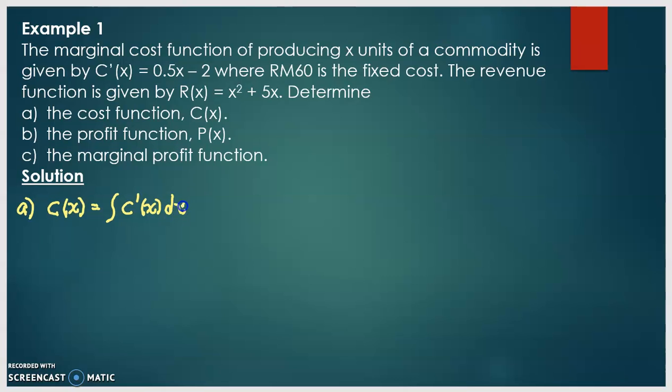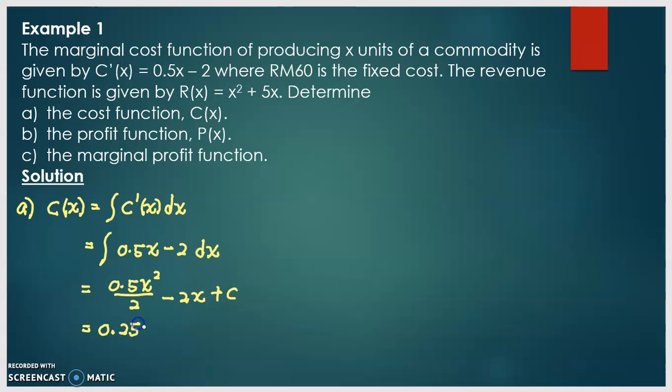So first I integrate C prime X, which is 0.5X minus 2, with respect to X. When I integrate, here is 0.5 X squared over 2 minus 2X plus C. If I simplify, 0.5 divided by 2 is 0.25. So it becomes 0.25 X squared minus 2X plus C.